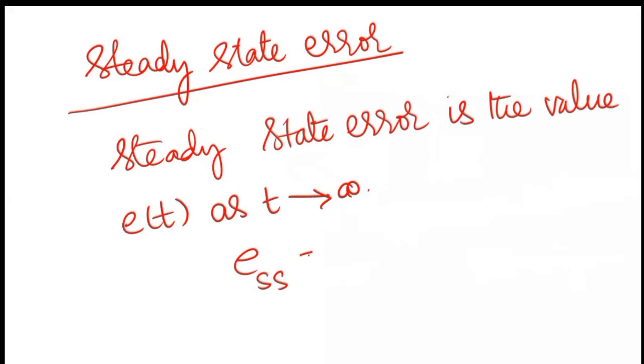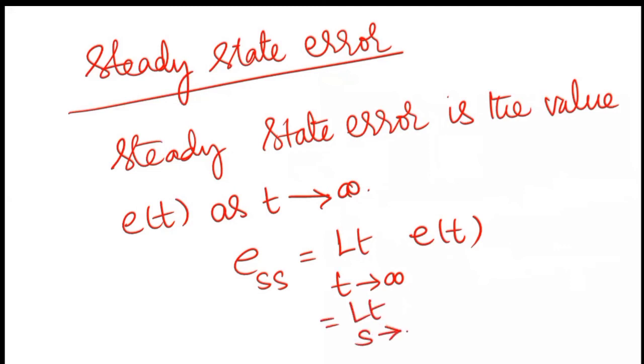The value of ess is equal to limit as t is tending to infinity of e of t. If you have the Laplace transform, then the limit as s is tending to 0 of s into E of s is known as the steady state error of the system. So these five parameters are very, very important, and we will derive an expression for all these five parameters.